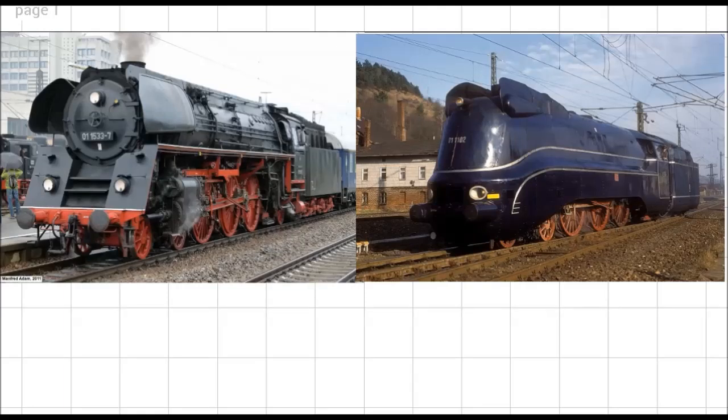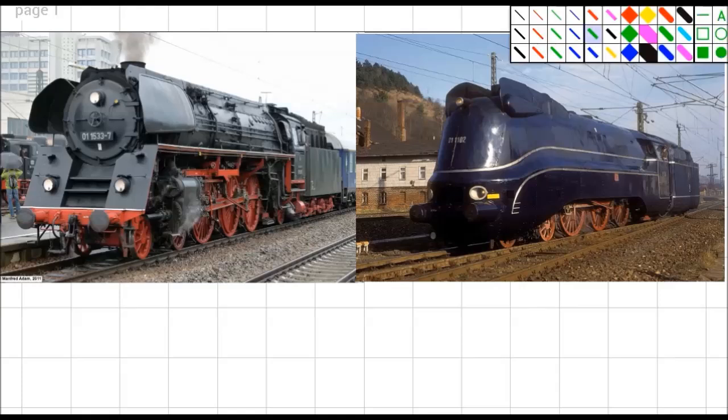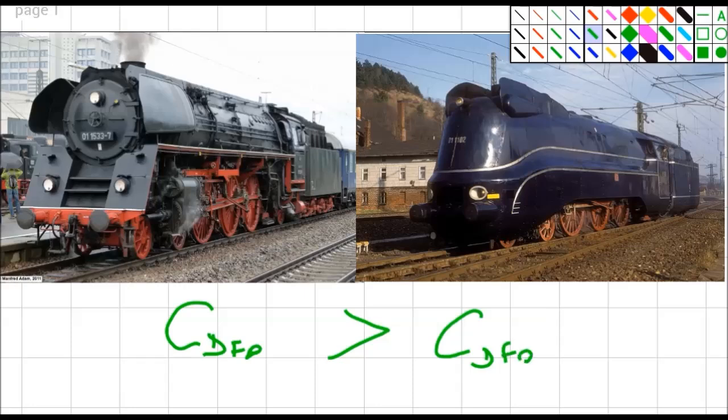Now you would think this extra weight doesn't pay off, but these locomotives were going 130 to 150 kilometers per hour, and above about 80 kilometers per hour this additional skin would pay off big time. So what we can say here is that our form drag is influenced by the form of the object, and we cover this form drag in the C_D form, and the one on the left hand side is much bigger than the one on the right hand side.